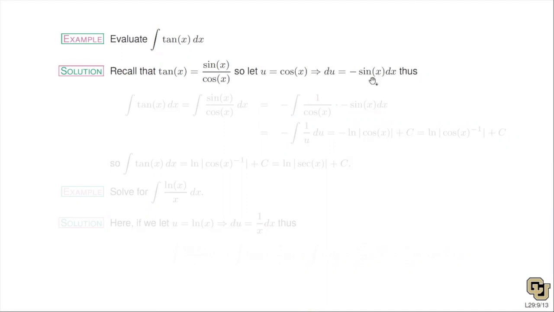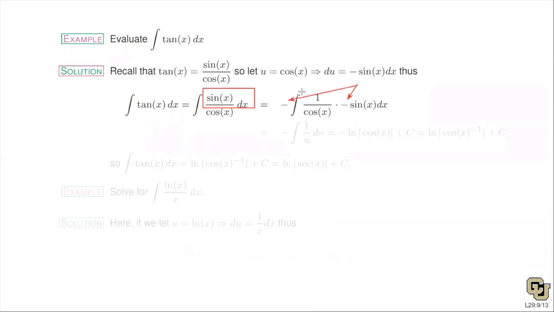Then du is minus sine dx, which is good because I'll get a sine dx in the numerator. And when I replace tangent with its definition, I get a sine dx in the numerator. Yeah, it's missing a negative symbol, but that's okay. I can multiply a minus sign on the inside and the outside just to balance that out.